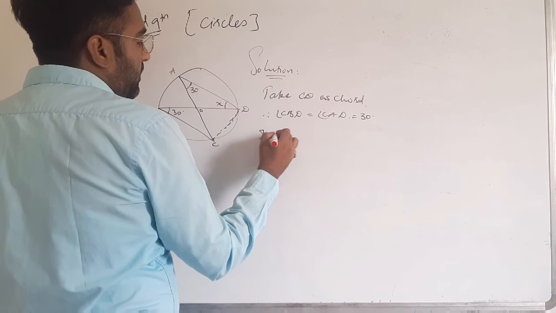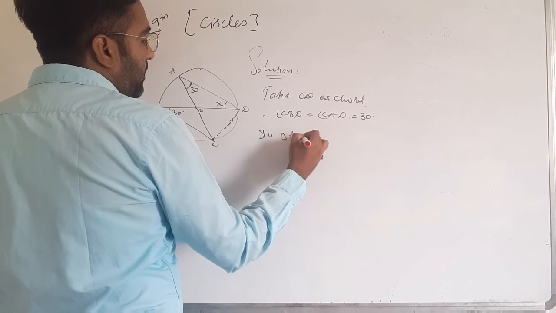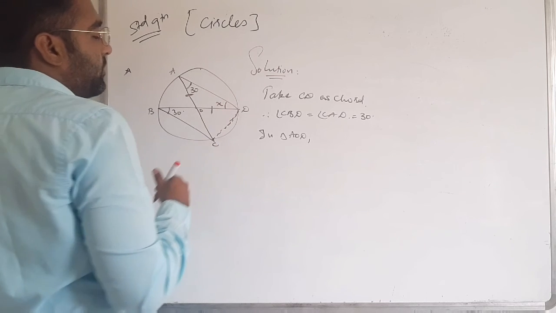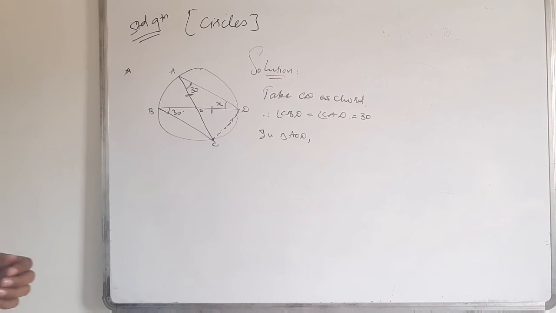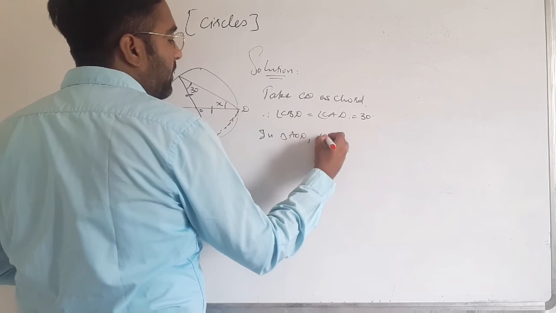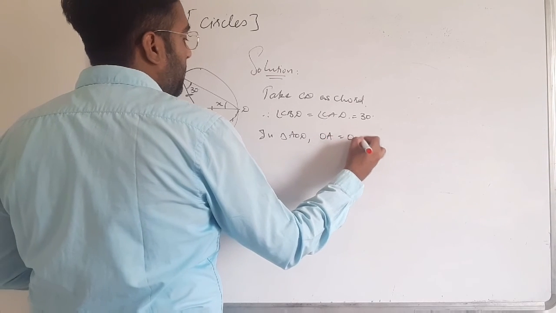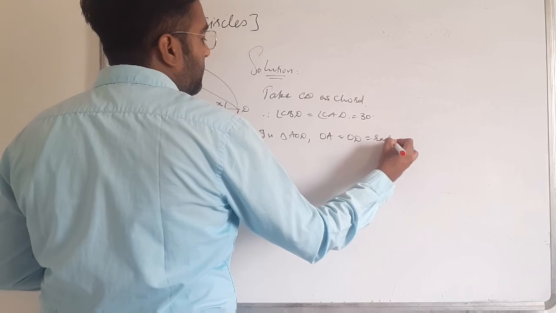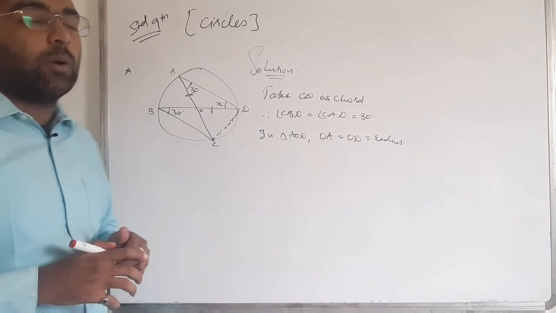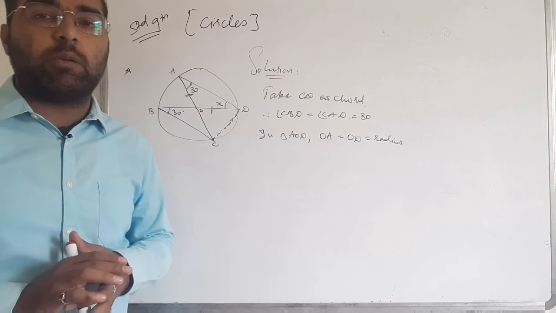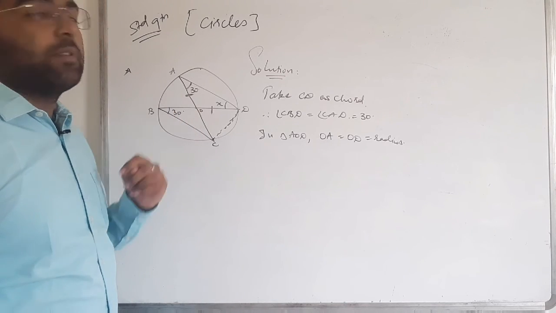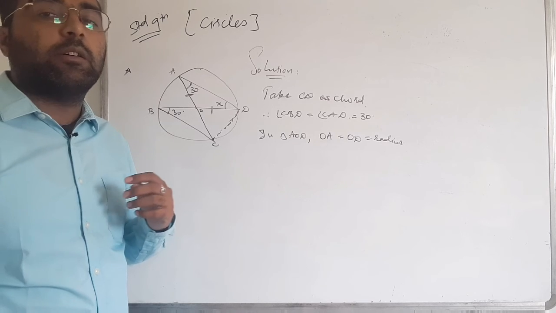Now in triangle AOD, OA is a radius and OD is also a radius. In triangle OAD, OA is equal to OD, that are the radius. If two sides of a triangle are equal, then their opposite angles are also equal, that we know in the isosceles triangle.